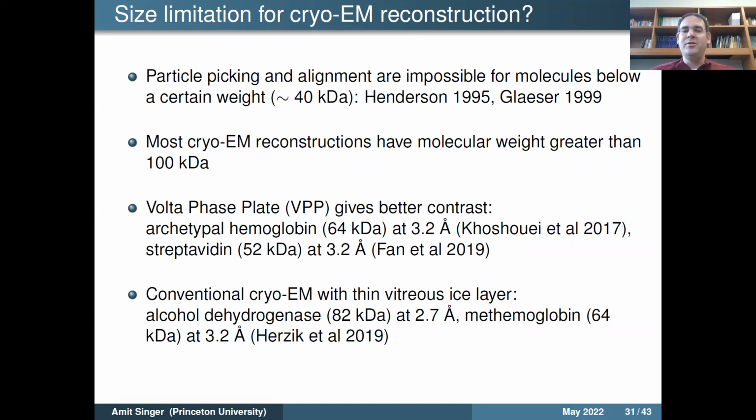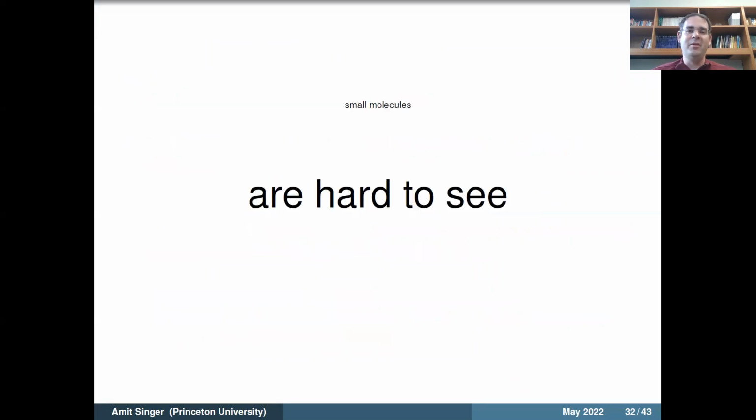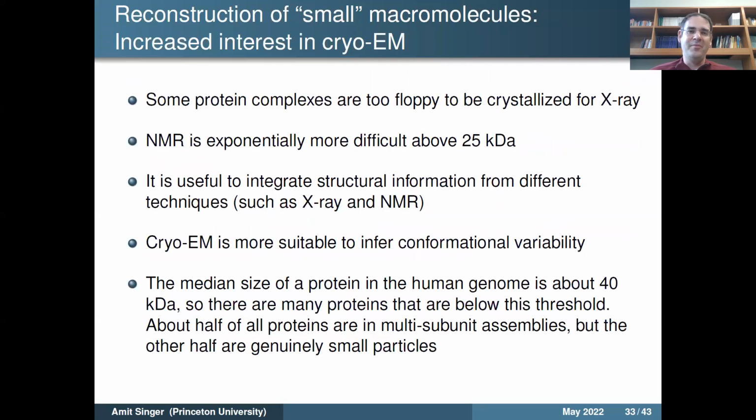These are situations where we cannot assign rotations to the images, and we cannot even localize the particle images in the micrograph. Small molecules are very hard to see and detect, so you can realize why it's more difficult to reconstruct small molecules in cryo-EM.